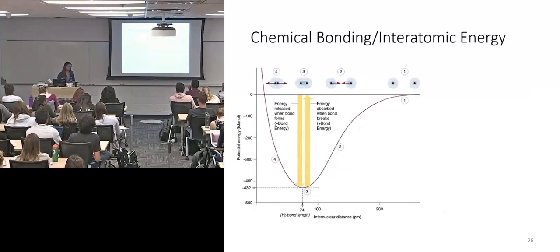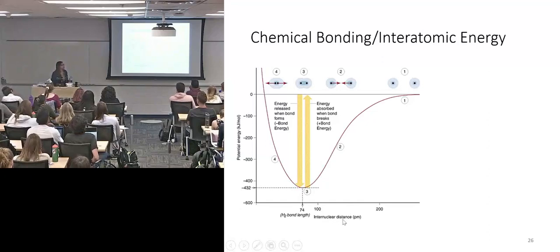So here we have a plot. We have potential energy in kilojoules per mole on our y-axis, and on our x-axis we have internuclear distance in picometers. Okay, so this is between 2 atoms coming together. We're looking at interatomic energy. Okay? So when these things are really far apart, they're basically not interacting at all.